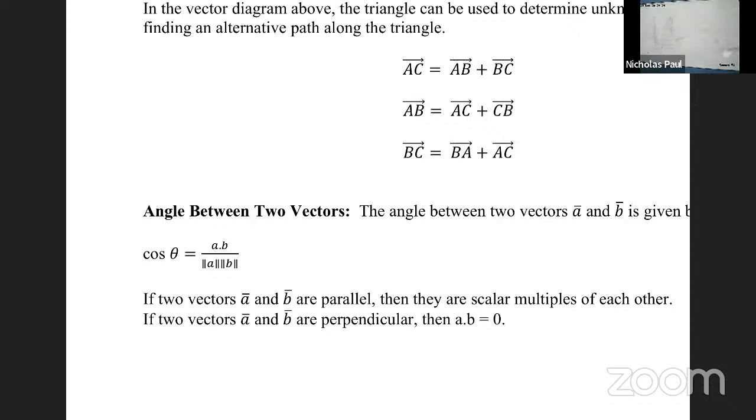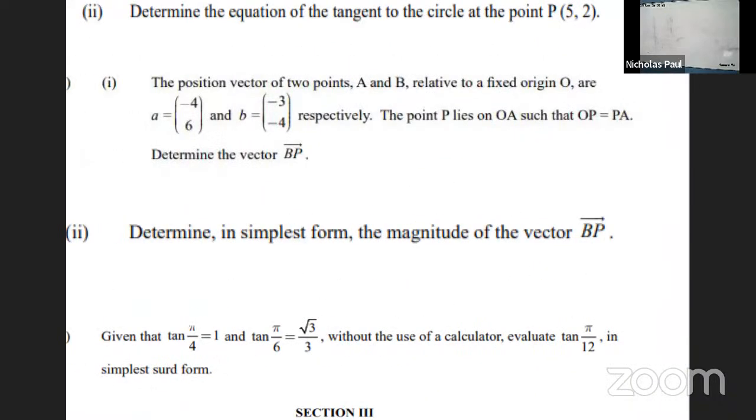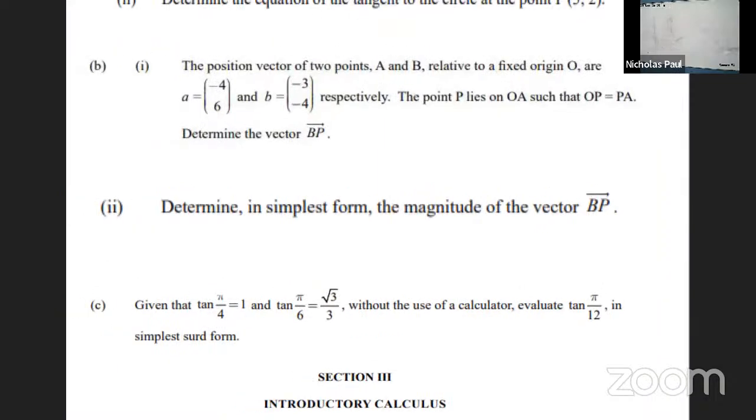In recent years there is not much on it, but let's do it. So this is 2018, number 3, part B. They gave you the position vectors of A and B, and the point P lies, well, you have to figure out where it lies.